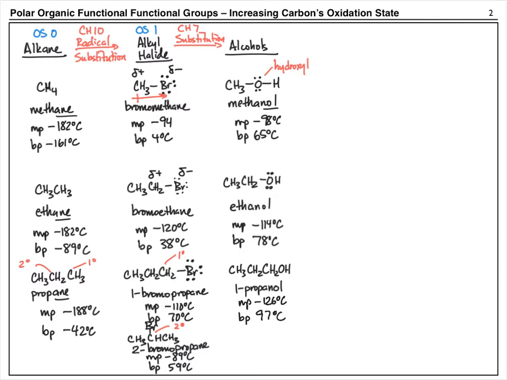So what about the secondary alcohol? CH3, CH, CH3, OH. This is now 2-propanol. Again, the 2 is telling you where the alcohol is located at the 2 position.